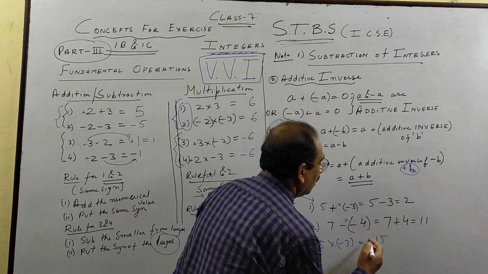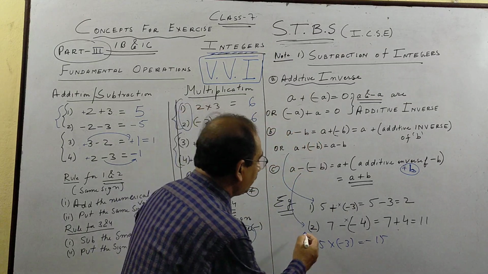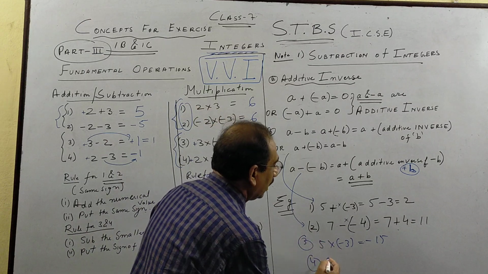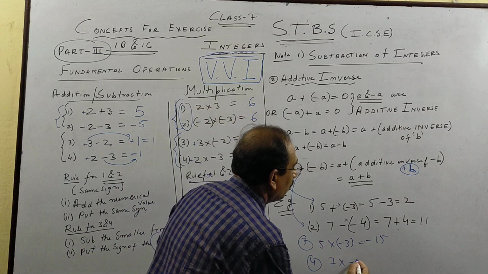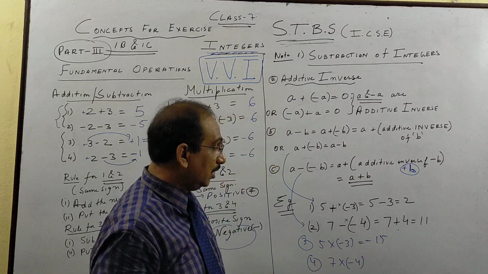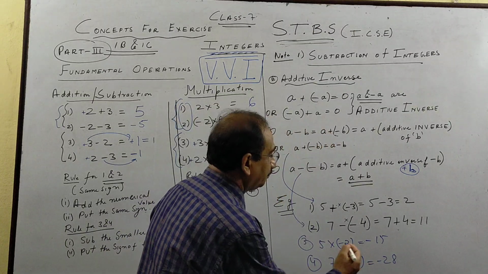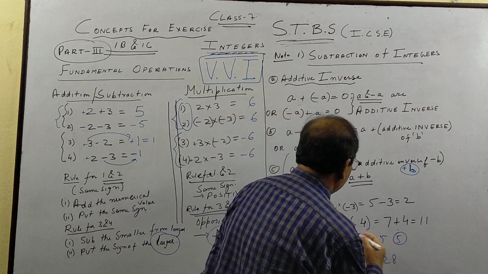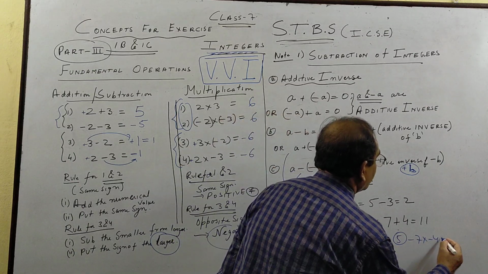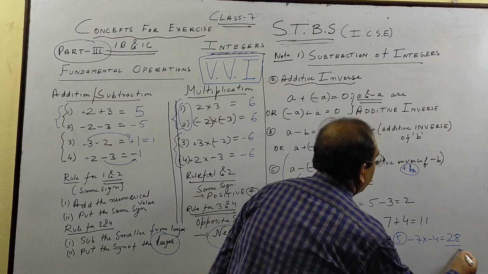And 7 into minus 4, you will get minus 28. And if you have both minus, minus 7 into minus 4, this will be 28.